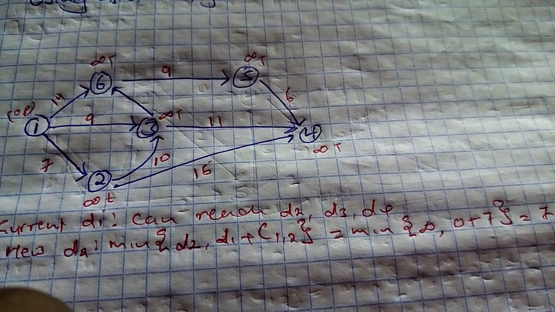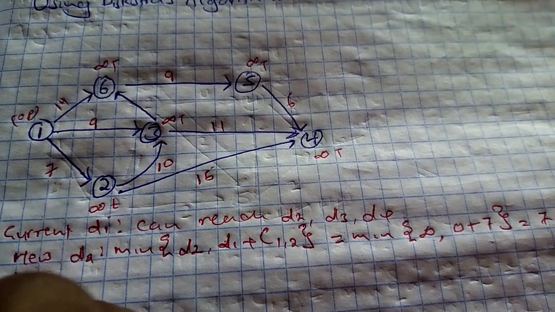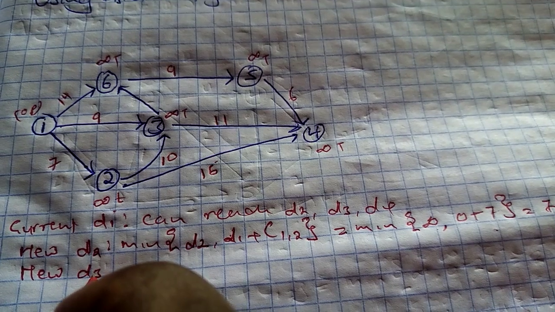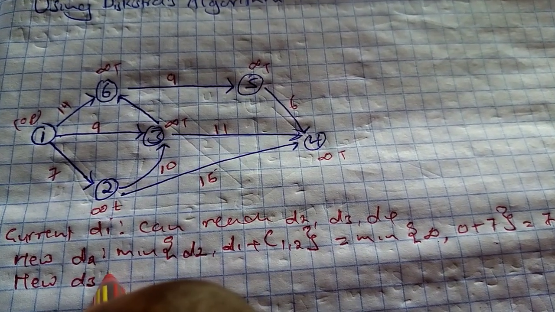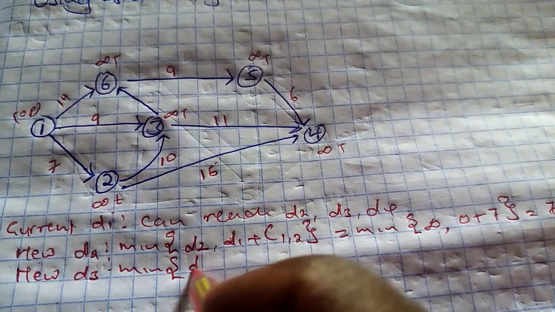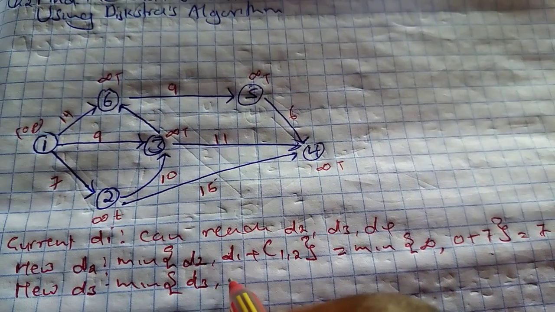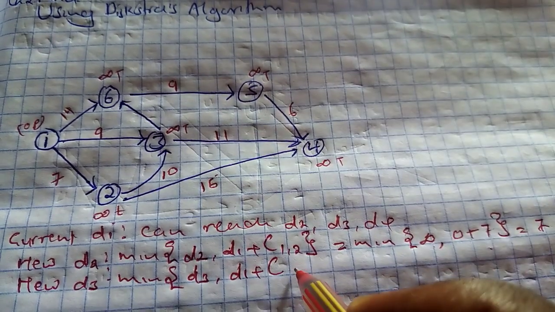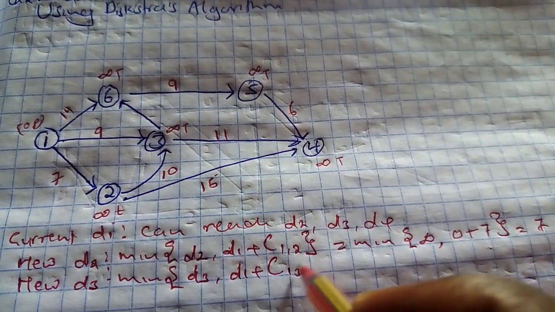We also need to find new D3, which is the minimum between D3 and D1 plus C13.